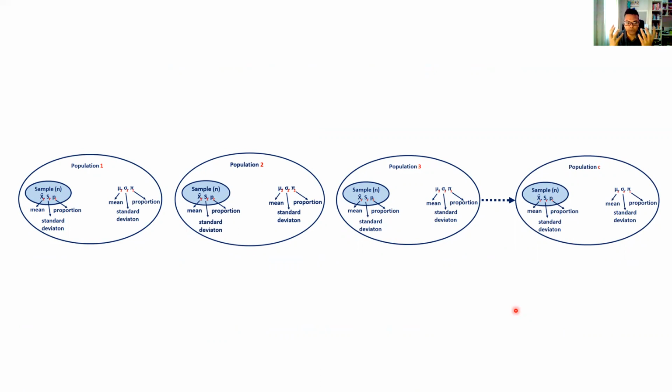The hypothesis claim that we want to check is whether the mean values of populations 1, 2, 3 until C are similar to one another, or whether there is a difference in the mean value among populations 1, 2, 3, 4, and so on.